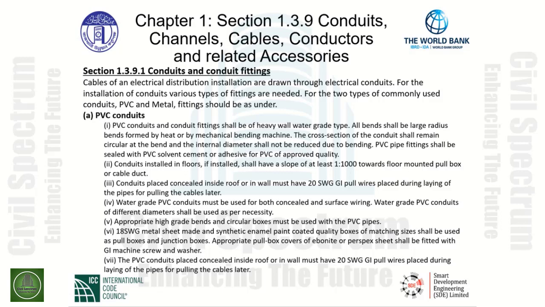Item 6, 18 SWG metal sheet made and synthetic enamel paint coated quality boxes of matching sizes shall be used as pull boxes and junction boxes. Appropriate pull box covers of ebonite or perspex sheet shall be fitted with GI machine screw and washer.